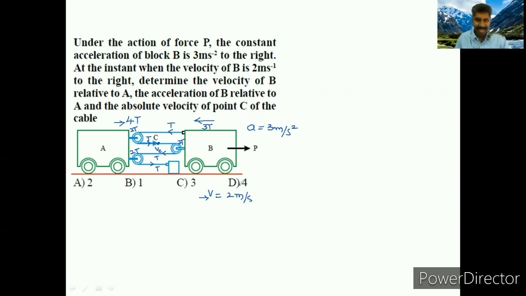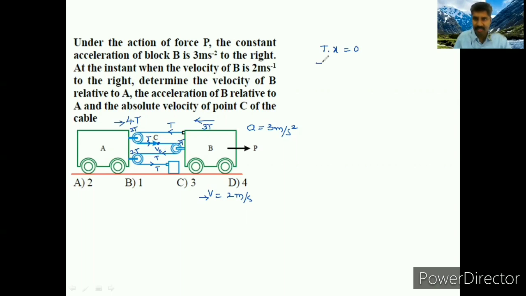Now the work done by tension in a string we can consider as 0. Why? Because this is a massless string. That's why I will write tension dot displacement x is equal to 0. Work done is equal to 0.